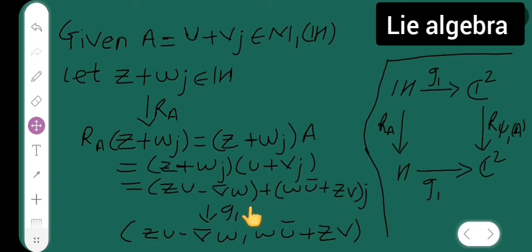Now I got this H part. This is my G1, and now I have to bring it into this form. So z u minus v conjugate w, you have to write it as it is.